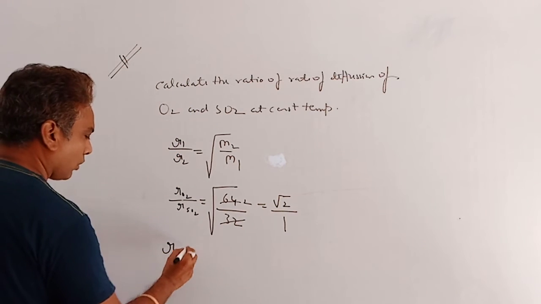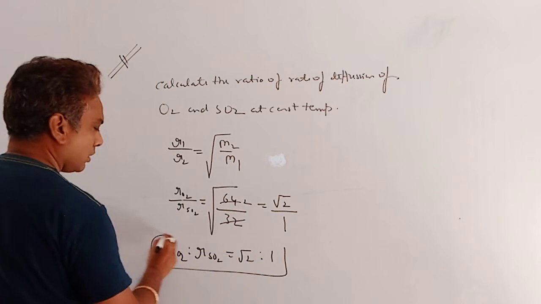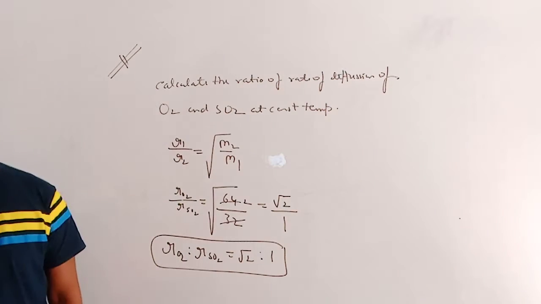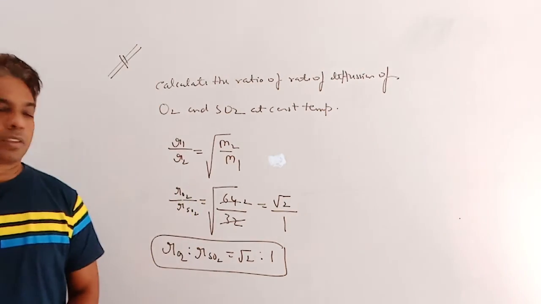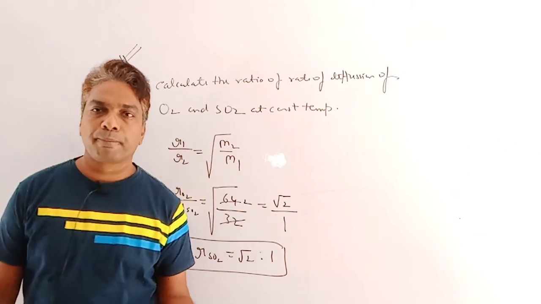So the answer is R of O2 to R of SO2 is equal to root 2 divided by 1. Here is the answer: O2 diffuses root 2 times faster as compared to SO2, since O2 is lighter as compared to SO2. Simply.